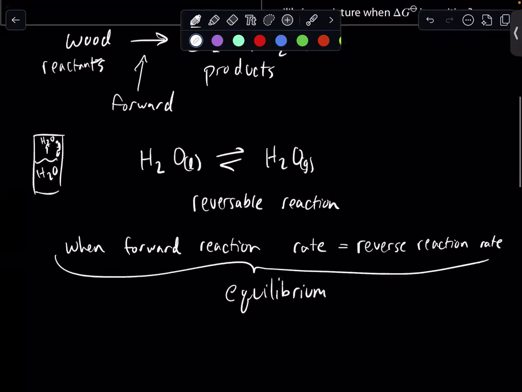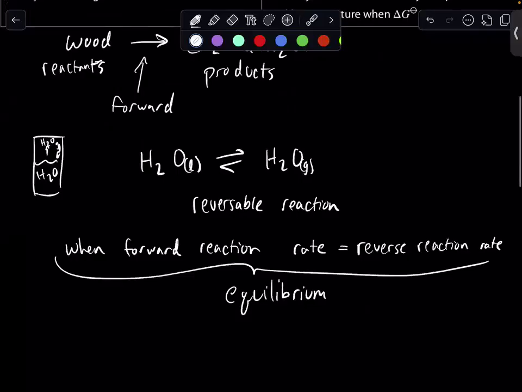So in a sealed container of water, we constantly have water molecules becoming gas and those gas particles being reabsorbed back into the liquid. And we would say the gas and liquid state are in equilibrium. But this can happen in chemical reactions too.